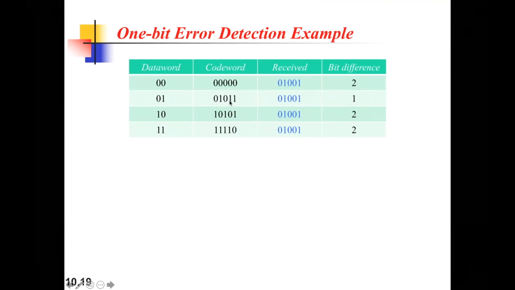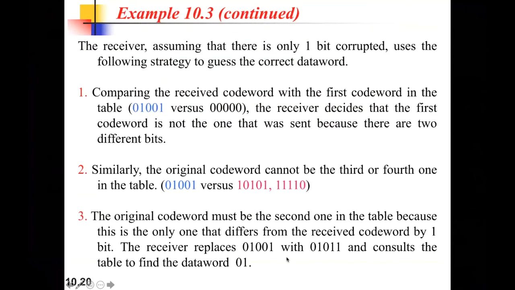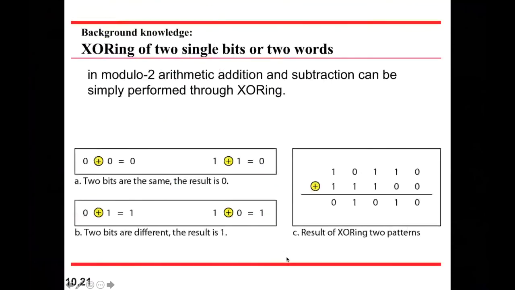Then you will discard the extra information. You know that there are 3 bits extra at the end, so you will discard these 3 bits and keep the data word 0 1. This is how you can correct the errors. This is the explanation of what I have told to you.